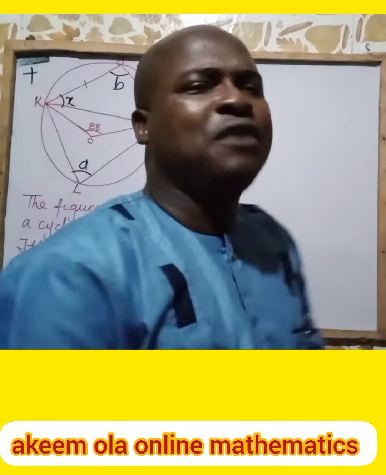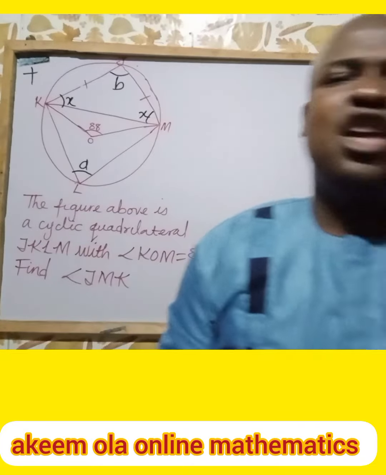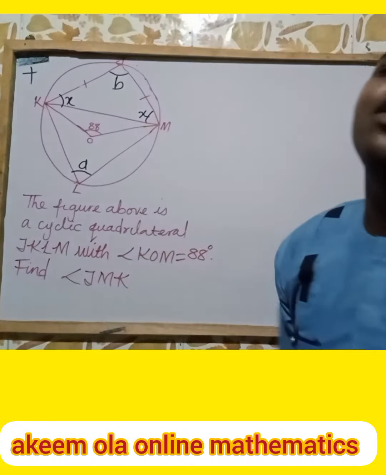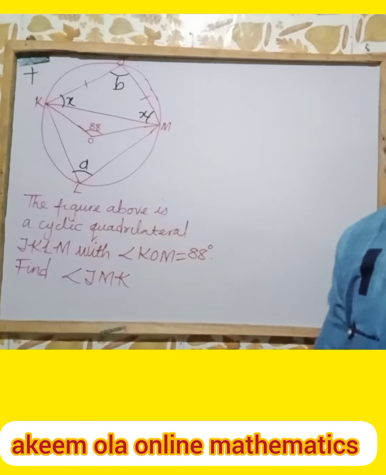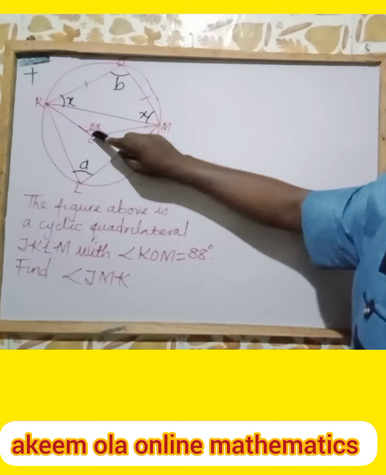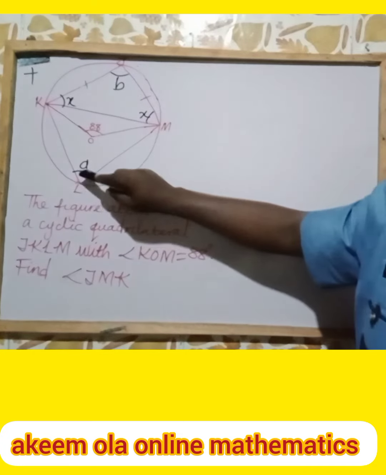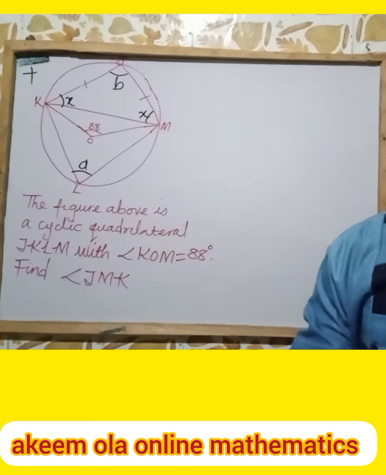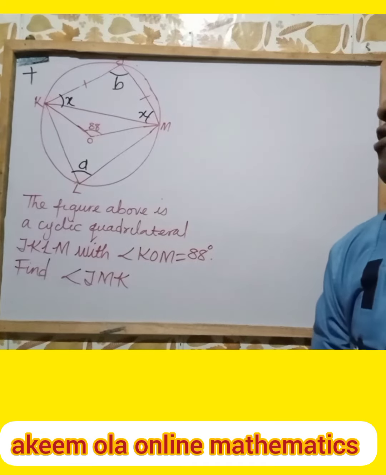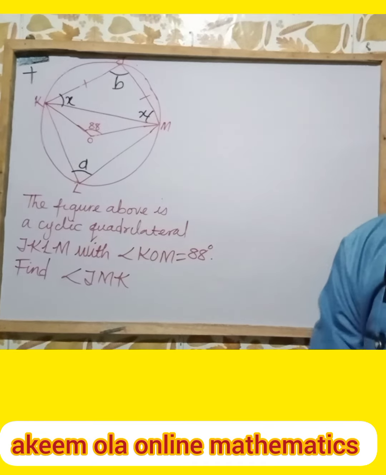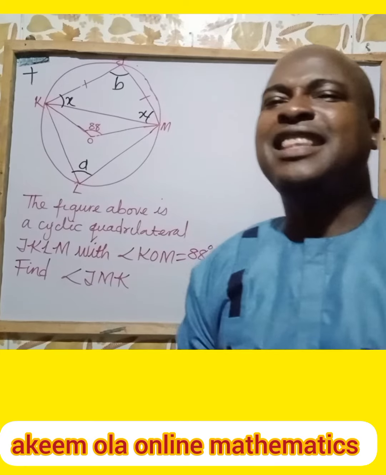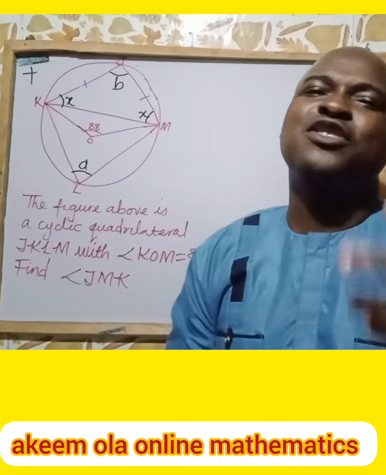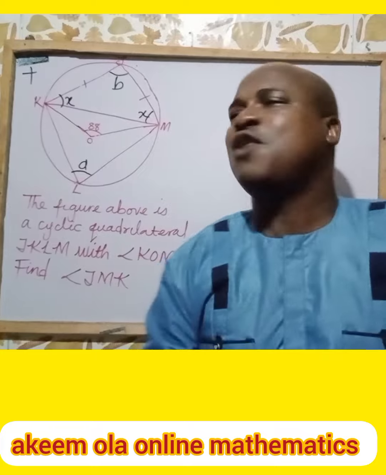Another law we have to consider is that the angle at the center is twice that at the circumference. The angle at the center is twice that at the circumference, and that is exactly the point where we are going to start solving this particular question.